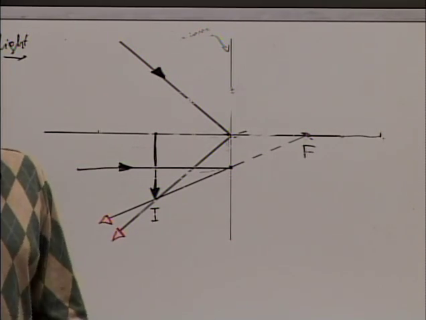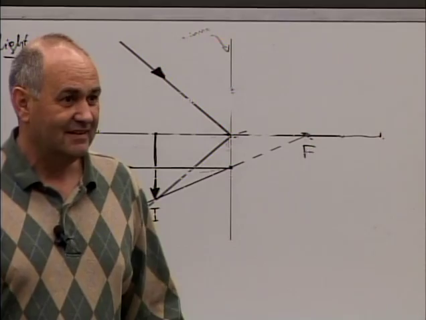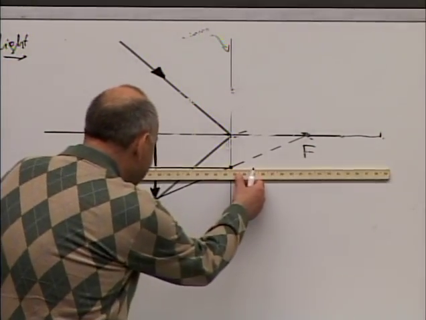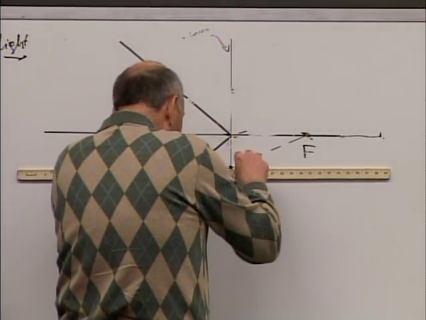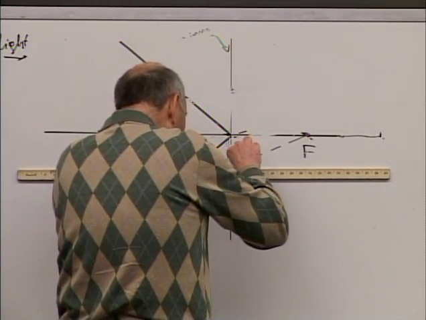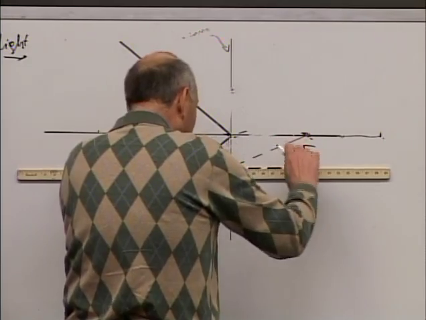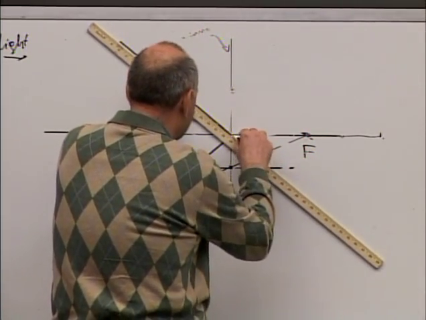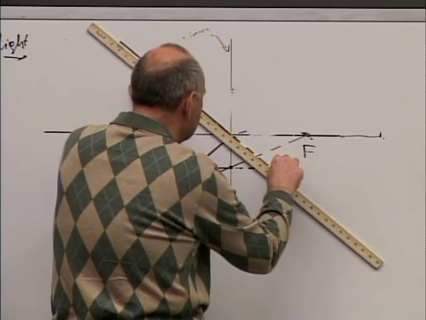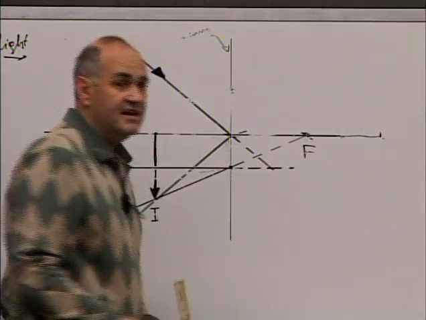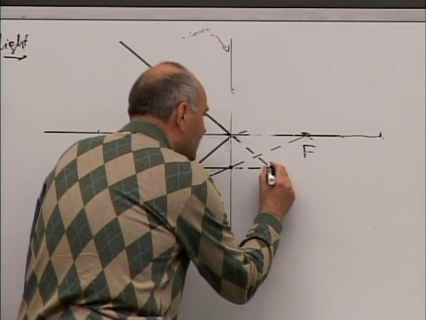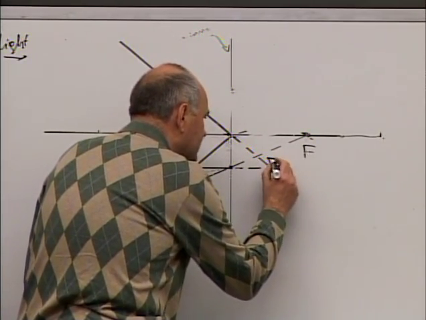I have to do something. What? To extend the object rays. Right, because these object rays or their extensions meet at a point where the object is located.